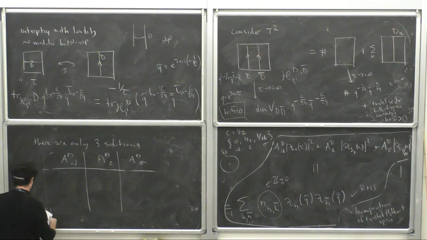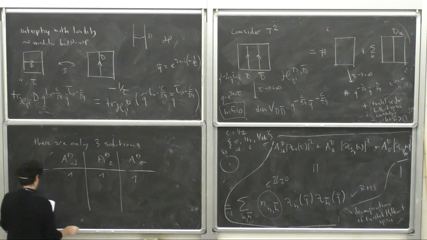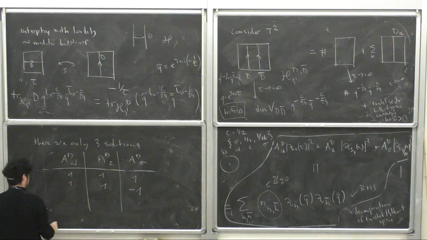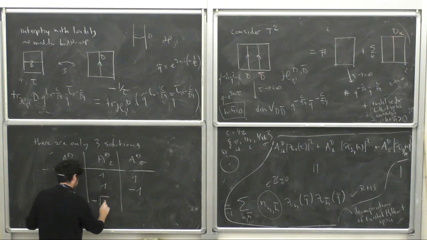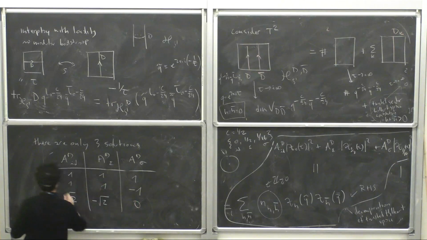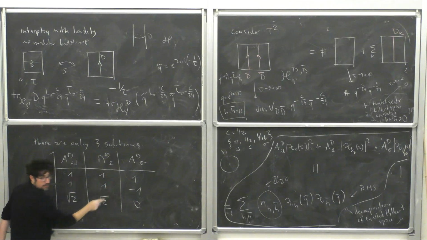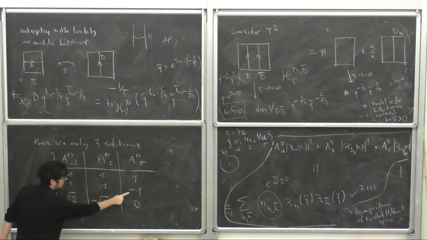They are 1, 1, 1; 1, 1, minus 1; and then there is another one, very weird, that looks like this. The first transformation leaves everything invariant, so this is the trivial line. This is the identity, the transparent line.